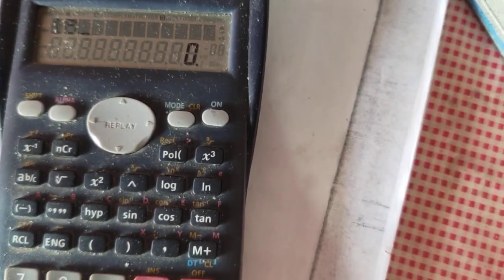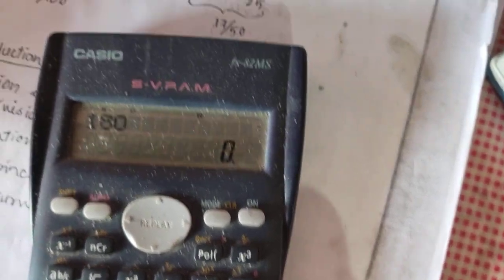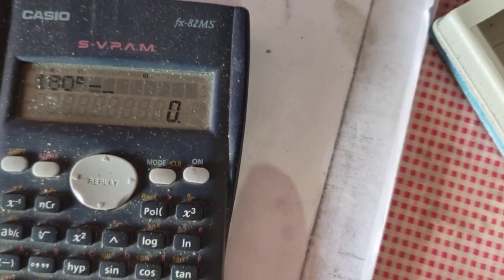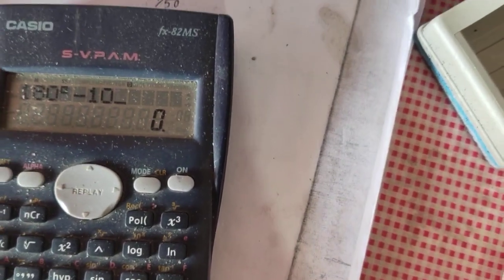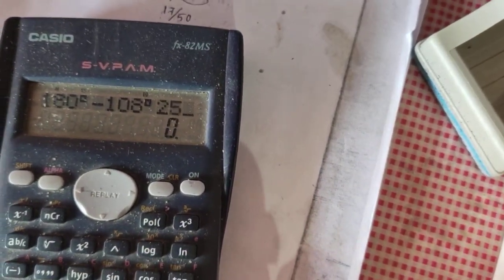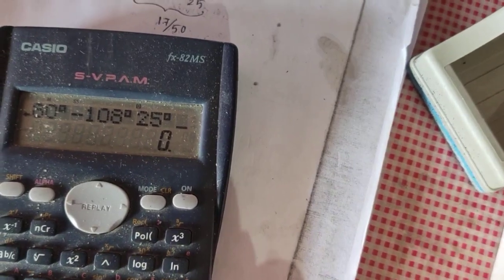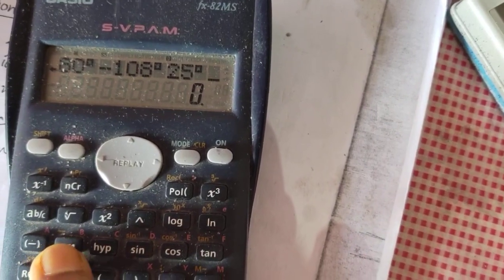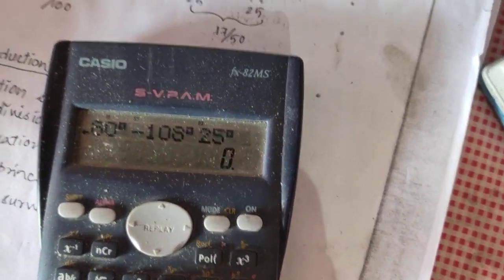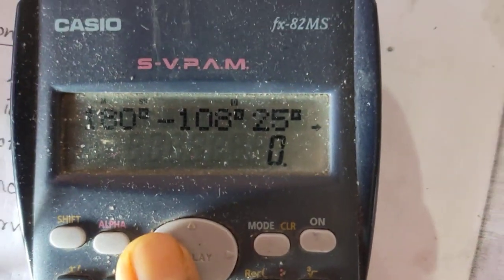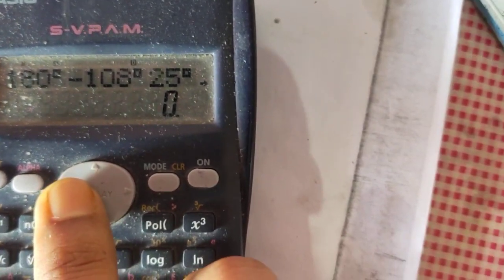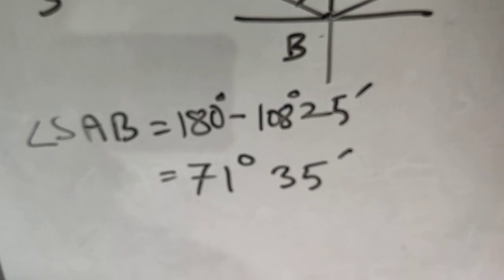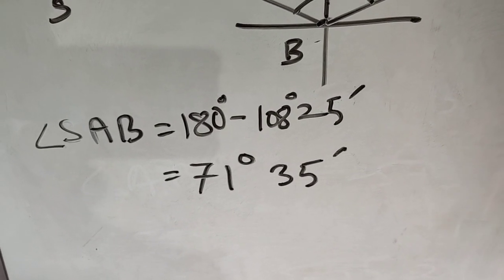Okay, 180 degrees minus 108 degree 25, again you press this minutes. If you press this second time, then it will represent minutes. If you press it for the third time, then it will represent seconds. So as you can see, 180 degrees minus 108 degree 25 minutes, 71 degree 35 minutes is your answer. So angle SAB is found out to be 71 degree 35 minutes.